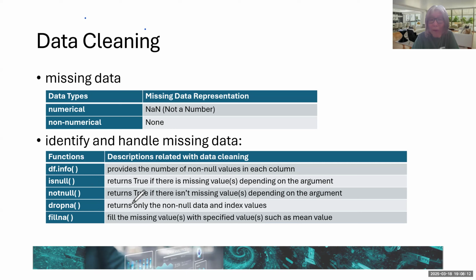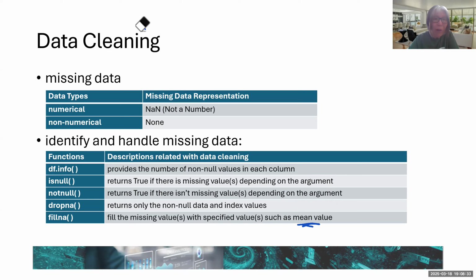And dropna returns only the non-null data and index values. So that's dropna. And fillna fills the missing values with some specified values. One of the most commonly used is to use the mean value, okay.